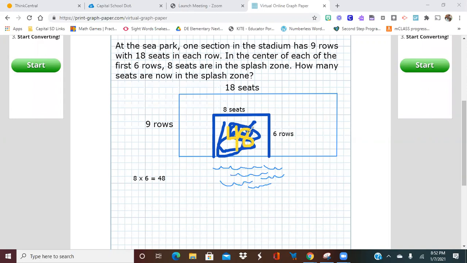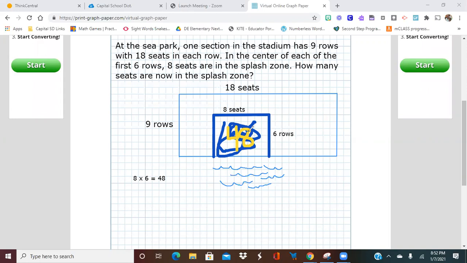Now here's my question. If I want to know how many total there are, how can I find out how many total seats are in the splash or not in the splash zone? If I have 48 seats that are in the splash zone, so those 48 people are going to get wet.